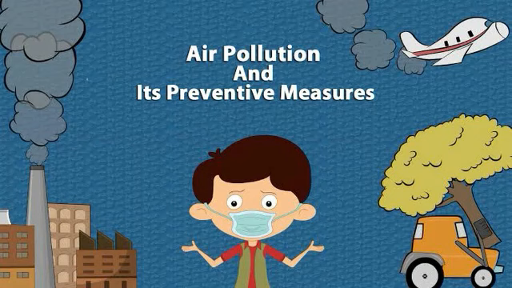We know that our activities only result in this air pollution. So if we reduce such activities, we can reduce the air pollution. So now we can discuss the preventive measures, or the reducing measures, of this air pollution.